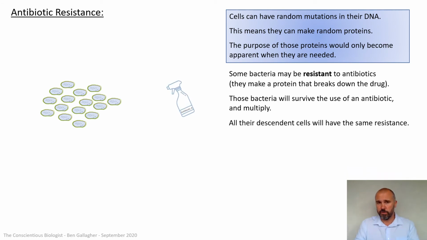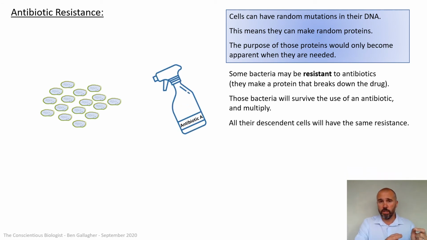But all of those are descended from that original one that had resistance to antibiotic A. So if I now take antibiotic A and I spray it on them again, they're not bothered. They'll just carry on because they're not affected by antibiotic A. In other words, you've selected only bacteria that are resistant to the antibiotic.